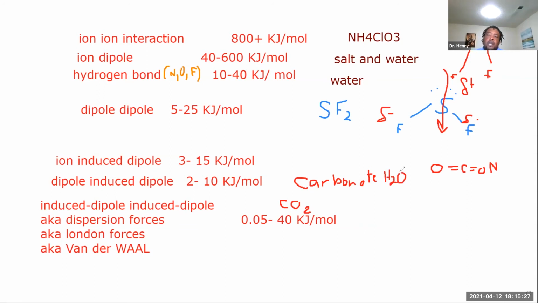Because water is polar, it's a dipole, and then you have carbon dioxide. Carbon dioxide is nonpolar, and so it's going to be induced. That partial positive and that partial negative are going to be inducing the carbon dioxide. Okay, are you with me? Yes, no, maybe? Yeah. Okay, good. Mostly.